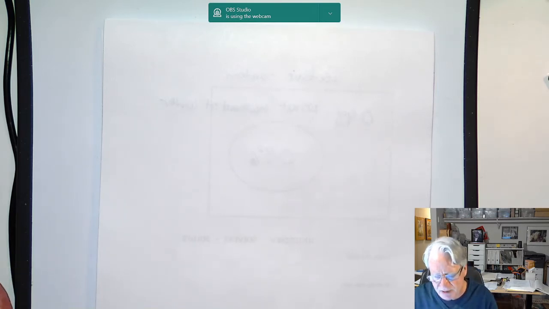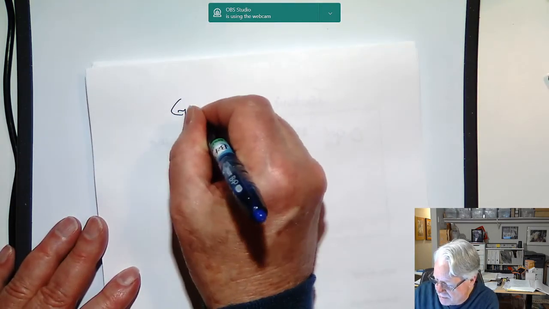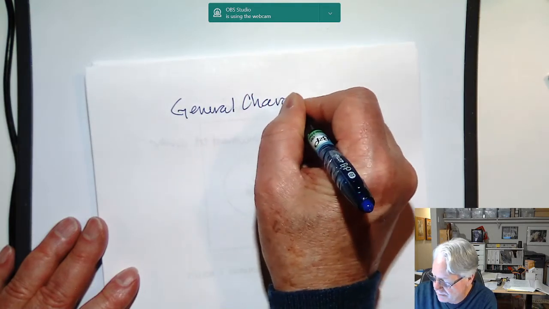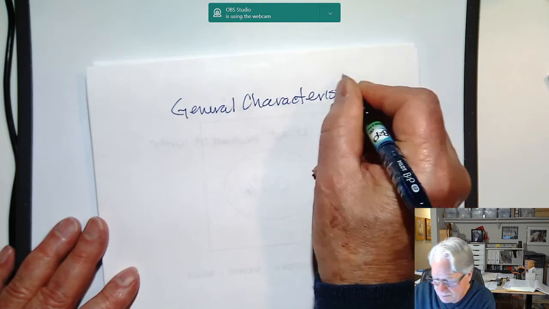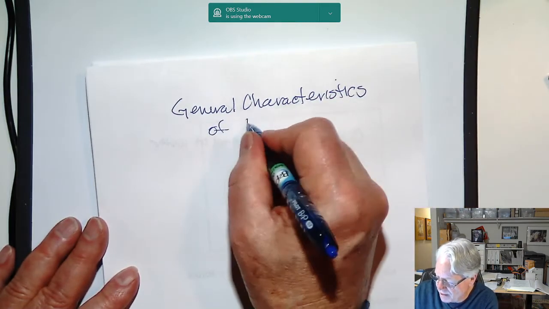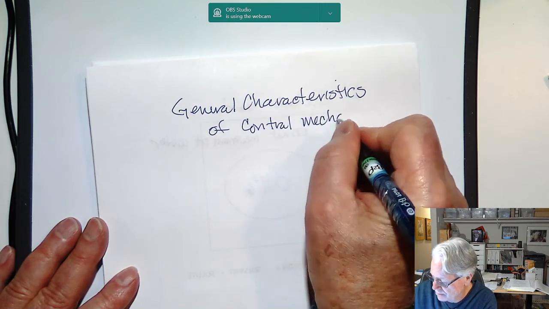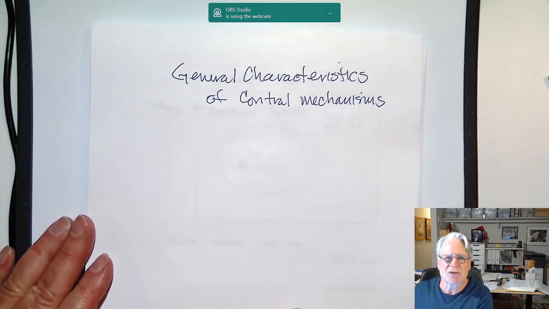And that's what we're going to talk about right now. So this is the heading: general characteristics of control mechanisms.